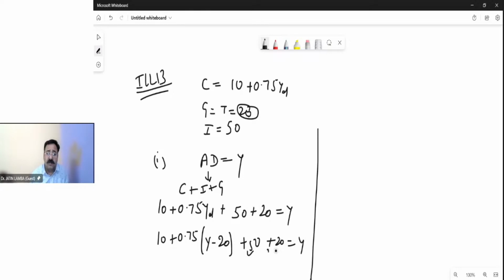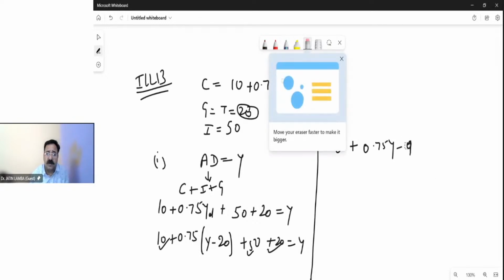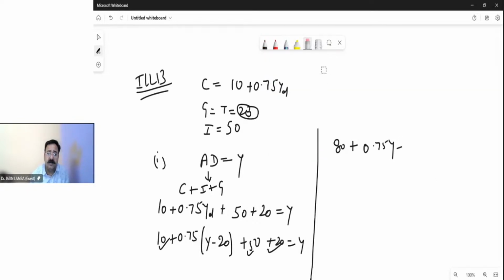Total 50 plus 20, 70 plus 10, 80. 80 plus, open up the bracket, 0.75Y minus 0.75 into 20, right? That will be 15. 75% of 20 is 15.